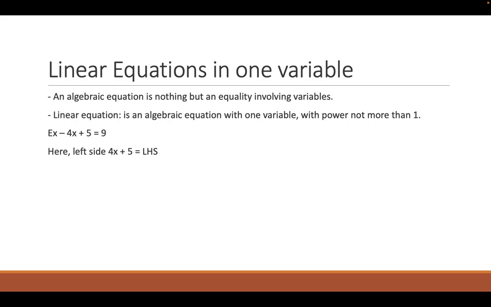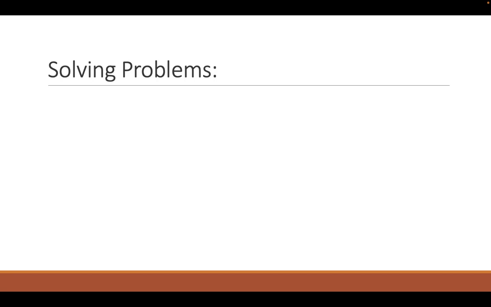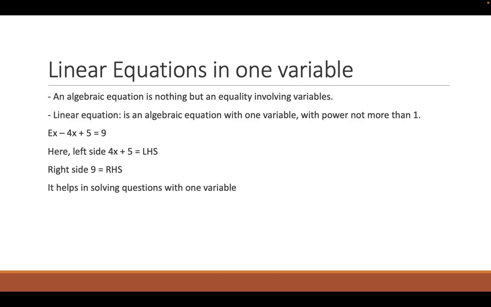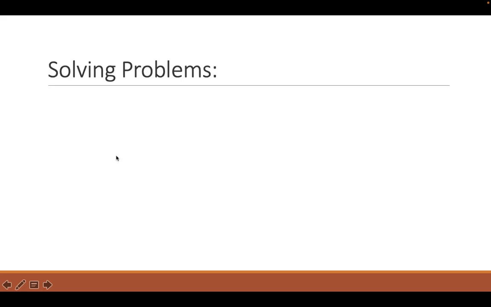So 4x plus 5 is just the left hand side. Right hand side is 9. So this is the equation. Now the variable is x. Now you will solve it. So when you solve it, you will get x equal to 1, something like that is going to come. So that's a linear equation. You saw here power is 1, not more than 1. So the variable's power is 1 in 4x, right?